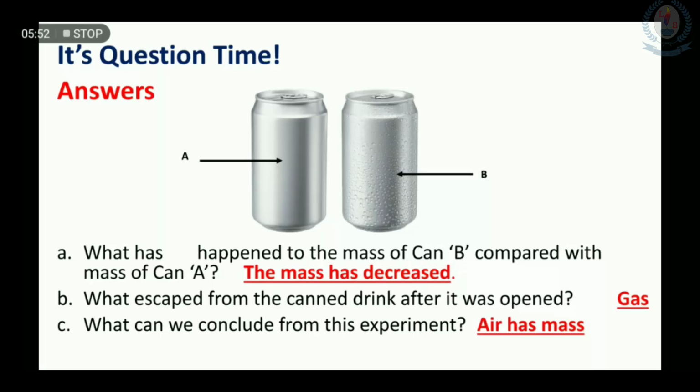We discussed it when I was telling you the question. What has escaped? Yes, gas. Question C. What can we conclude from this experiment? What can we conclude, children? Same as earlier one, isn't it? Air has mass. Gas means air, so it has a mass. That's what we wanted to prove in this.